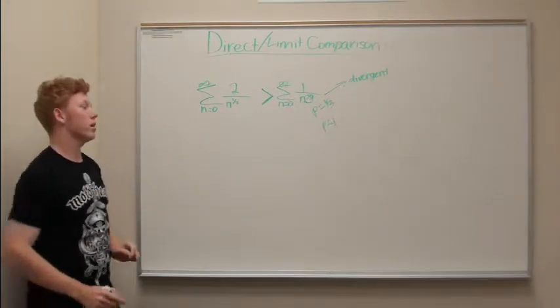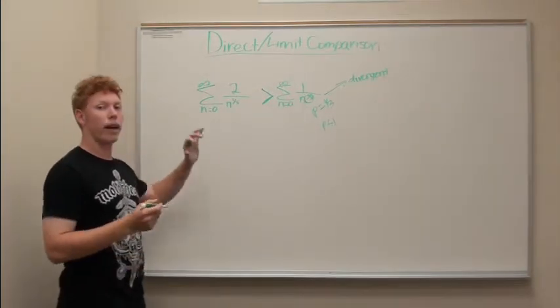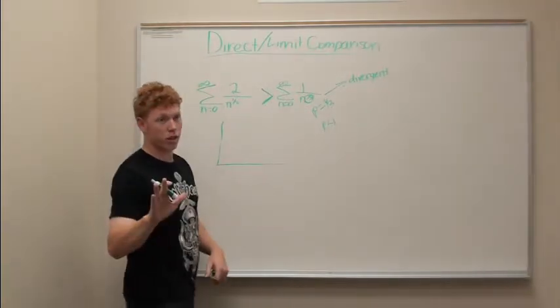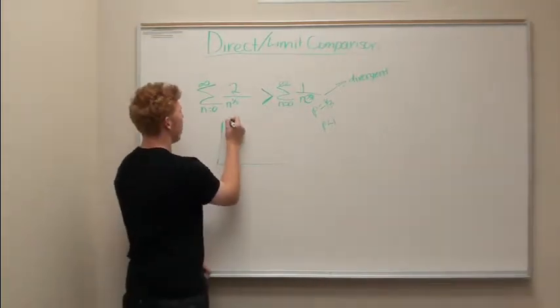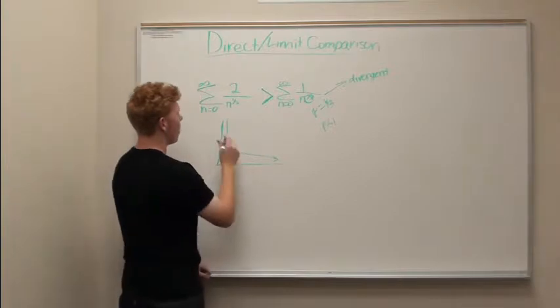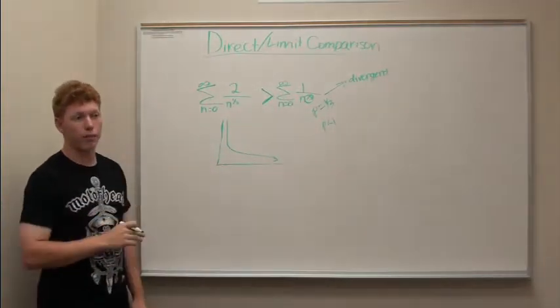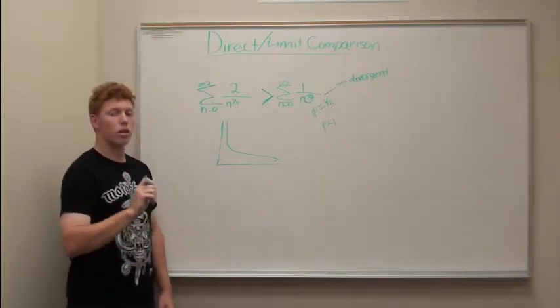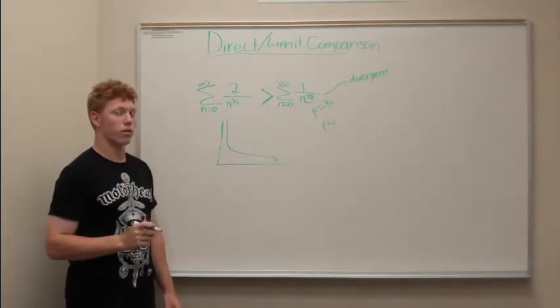Now the reason that makes sense is I'm going to go back to the graph example that I had in the convergent test. Just make it a little bit bigger so it's easier to see. Now let's say we had one series right here, and we wanted to test the divergence of that one. The problem is doing the nth term test, it comes out to 0 and is inconclusive.